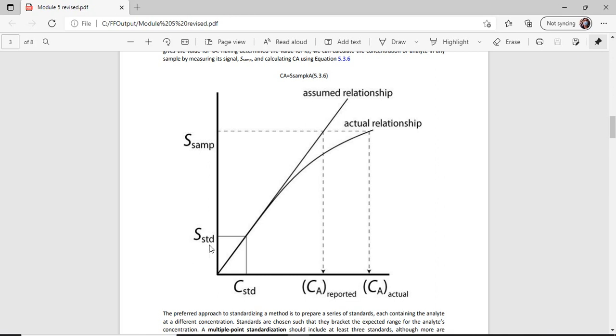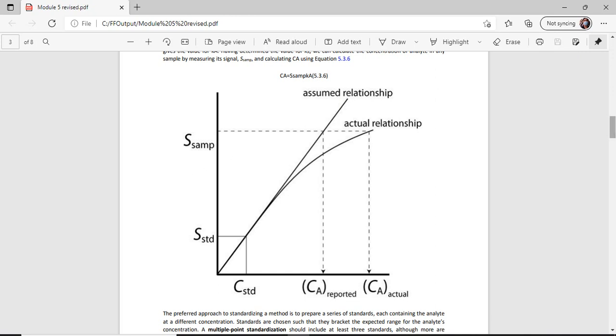They meet at this point where they interact, whether you are doing a serial dilution or however many times you perform it. At this point, they have the same value. This is the last point until they diverge into their own patterns. You have here your S_samp and your S_std.